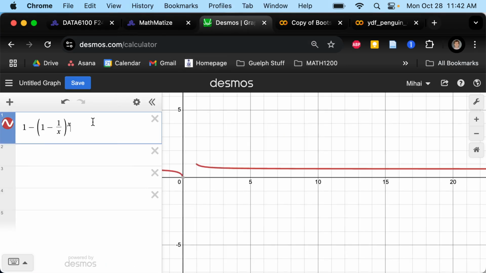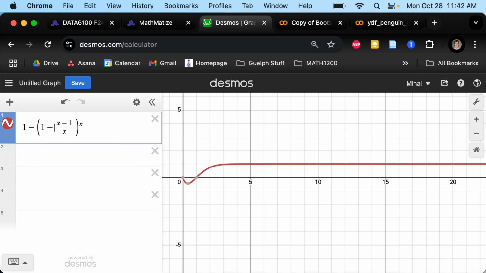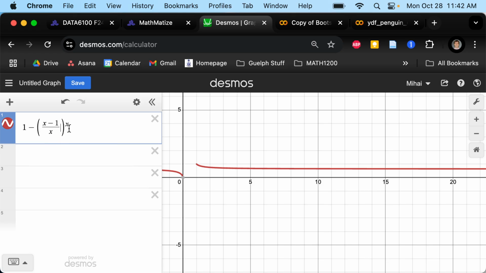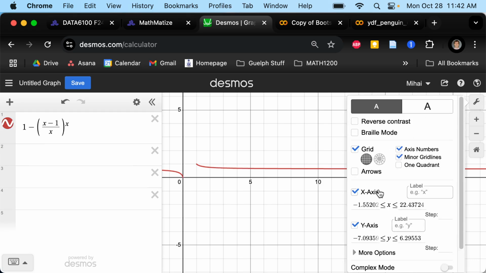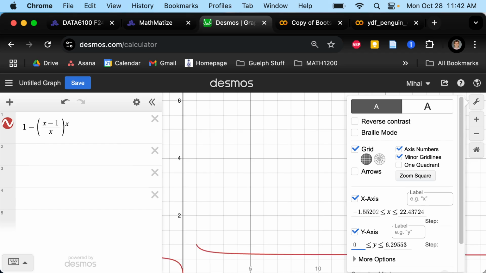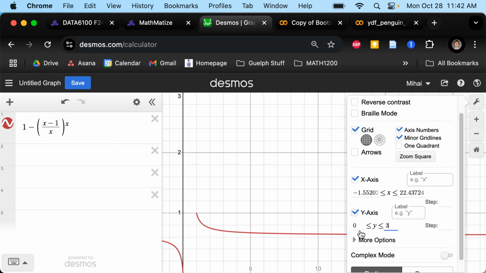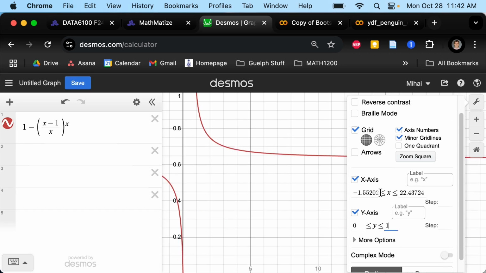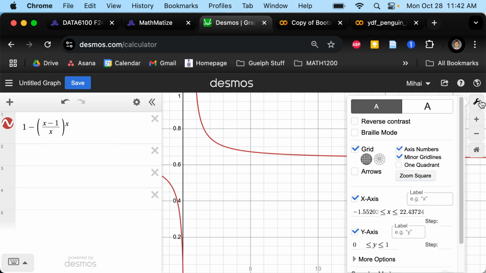So here I have the plot of the graph. Let's make it match what I wrote down on paper: (x minus 1 over x) to the power x, because everything is called x in Desmos. If you change the axes a little bit, let's make the y-axis go from 0 to 1, and the x-axis go from 0 to 100.